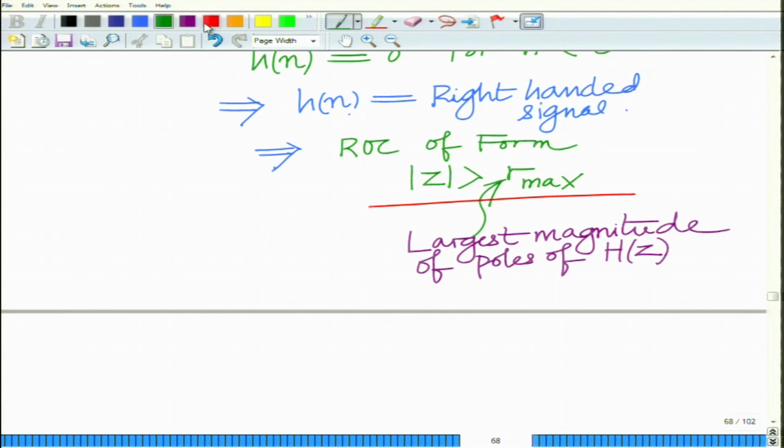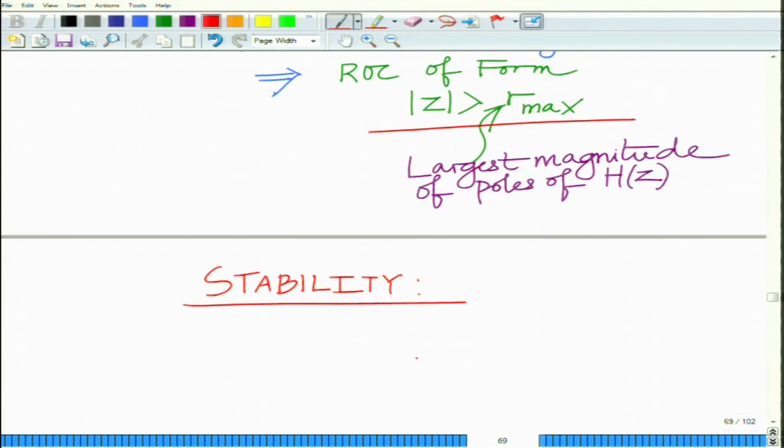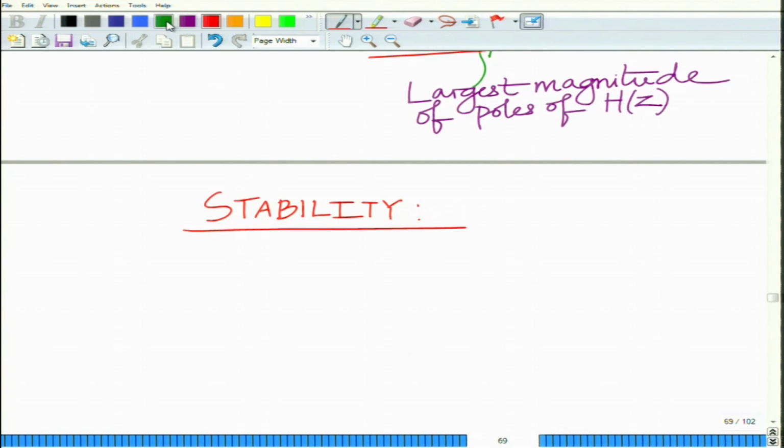Now, let us look at stability, that is the other important thing. For the system to be BIBO stable, remember stability, one of the most popular definitions is BIBO stability, bounded input, bounded output stability.